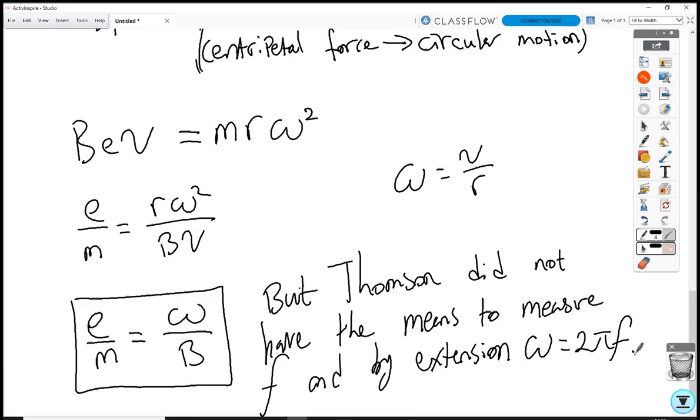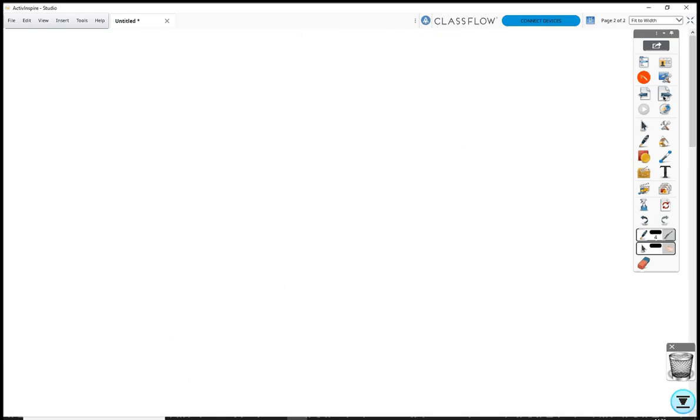Start a new page. So, at this point, Thomson doesn't know the charge of an electron. He also doesn't know the mass of the electrons. So Thomson did not know e or m.